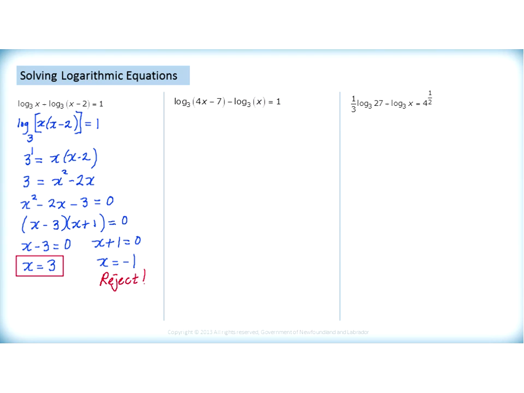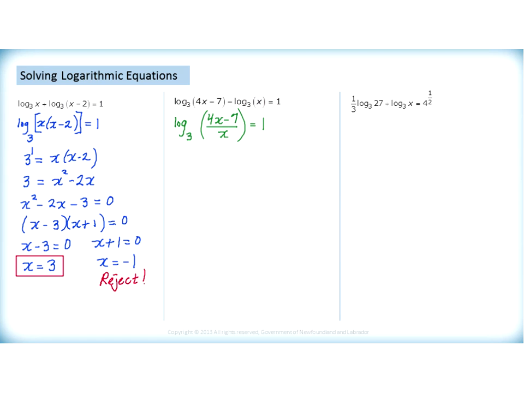Next, we have the log of 4x minus 7 to base 3 minus the log of x to base 3 is equal to 1. Notice that we are taking the difference of two logs on the left side of the equation. This can be rewritten as the log of a quotient, namely 4x minus 7 divided by x to the base of 3 is equal to 1.